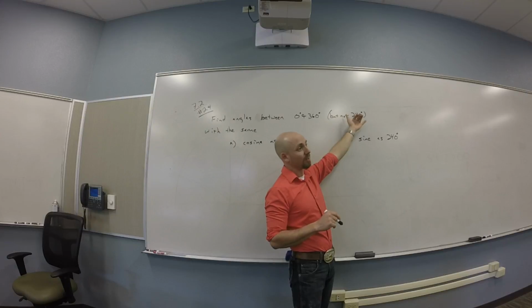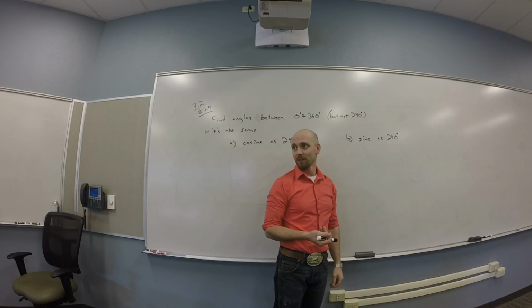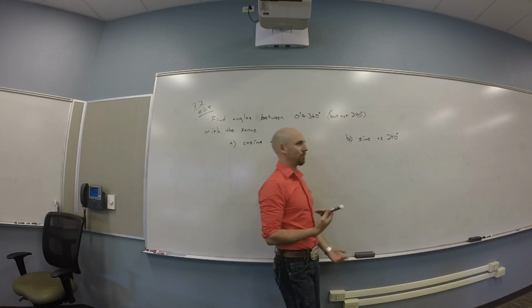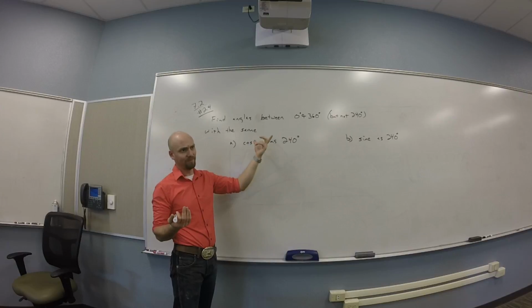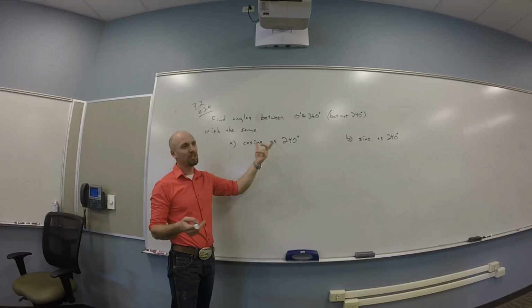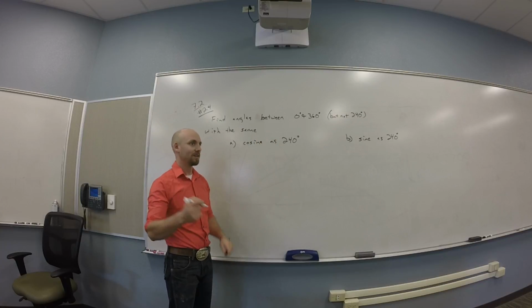Why are they telling you "but not 240"? Because that's the angle you're using. 240 obviously has the same cosine as 240. So they're just saying, don't answer this question in the dumbest way. Think for a minute.